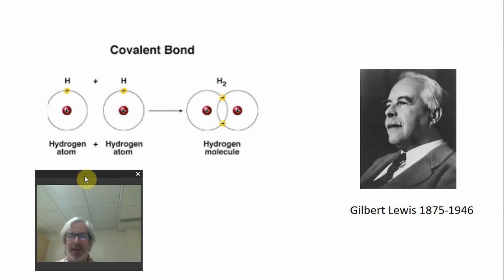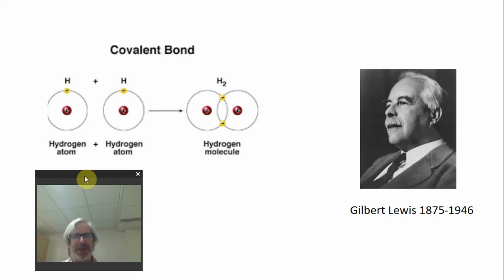On this slide I have a picture of Gilbert Lewis. Gilbert Lewis was a pretty famous chemist at Berkeley. If you've taken chemistry, you've learned about the Lewis dot structures. He is considered to be the discoverer of the covalent bond.